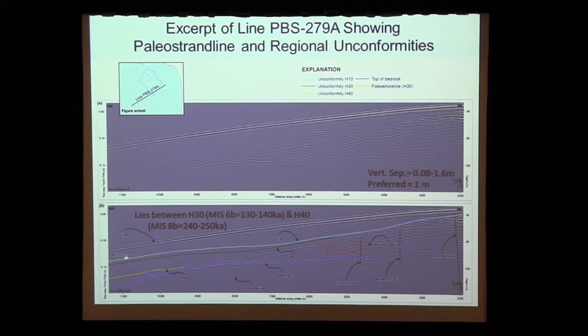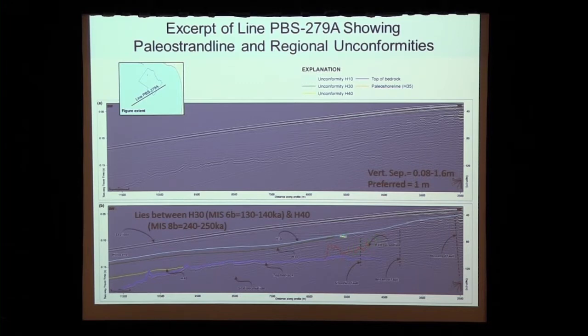So we're able to carry that horizon there, which is H10. We are able to carry the H30 horizon in like this, and we see the onlap of the H40 horizon on here.